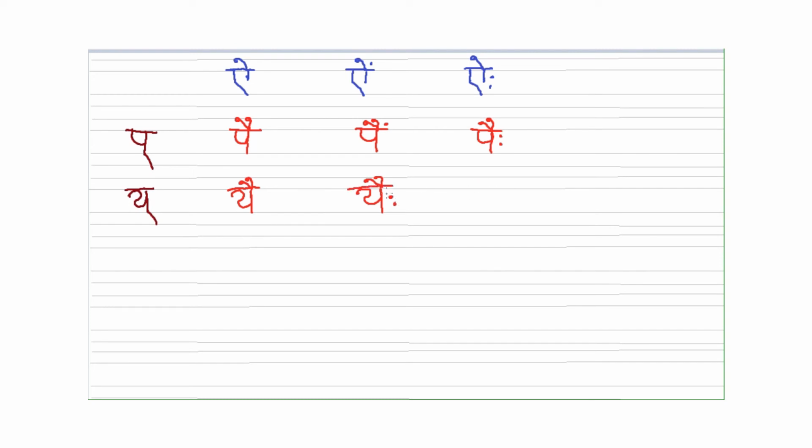For the ya, you know that it should touch on top. Not only that, this starting curve should be visible. If you don't put the starting curve, then it might even be mistaken to be a pa. Yaihi. Okay, so we have done pa, ya.